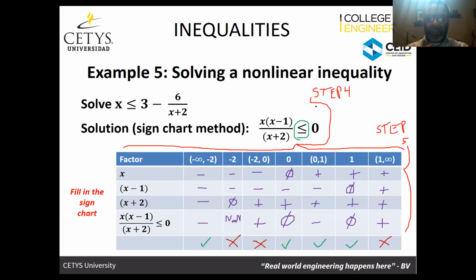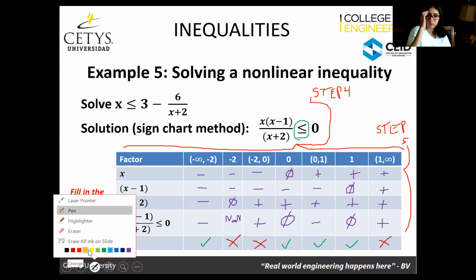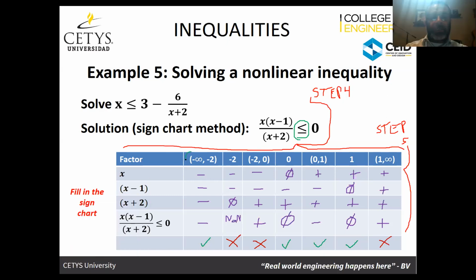Viviana, you tell me how many intervals are included in the solution? Two, correct. The intervals that are included in the solution, and I'm just going to mark them here: this one here, not including the -2, and this one here that does include the 0 and the 1.